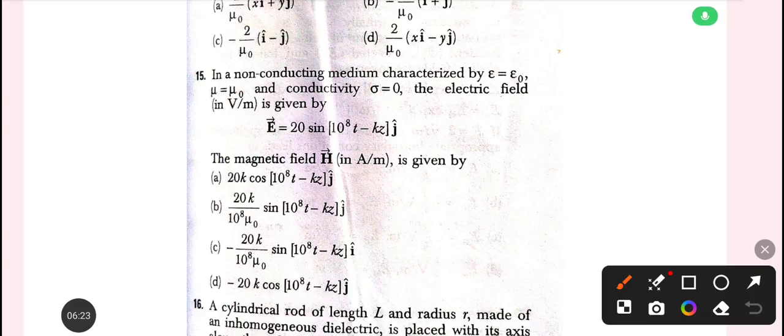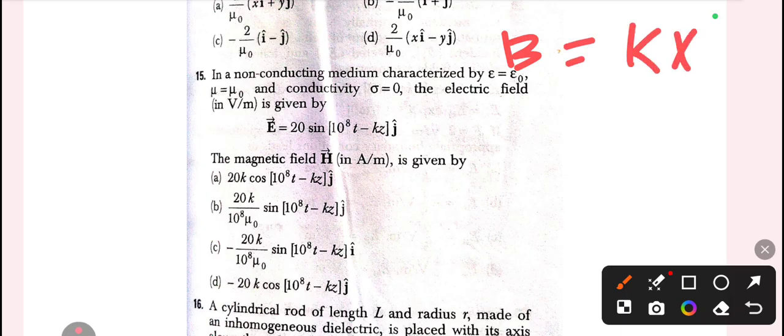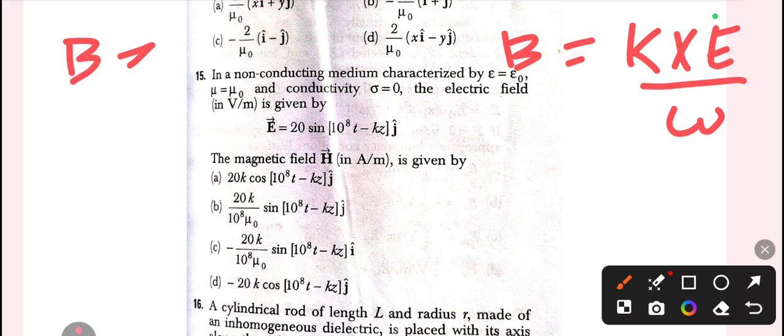We have a relation B equals K cross E divided by omega. Also B equals mu naught H.